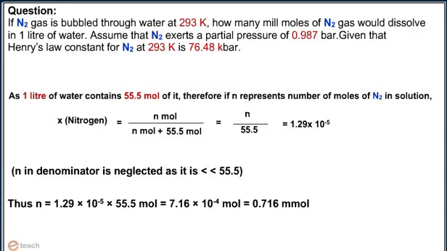Thus, n equals 1.29 into 10 to the power minus 5 into 55.5 mole, equals 7.16 into 10 to the power minus 4 mole, equals 0.716 millimole.